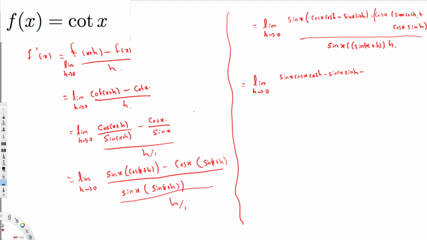I can also write it as sin x cos x cos h, to show you clearly what I'm going to do, plus cos square x sin h.